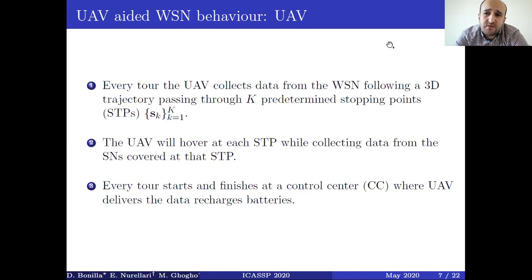As a design parameter, in this paper we are going to derive how one can estimate or predetermine those key stopping points so that an optimum criterion is maintained. Once the stopping points are in place, the UAV will visit those, hover at each of those points and collect data.